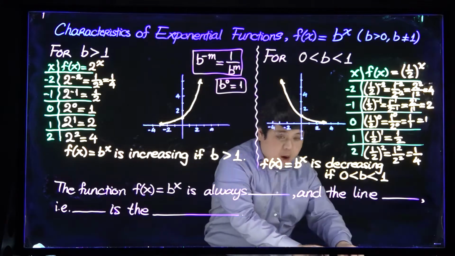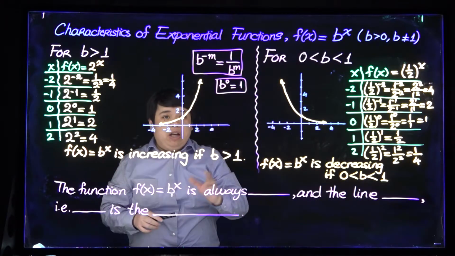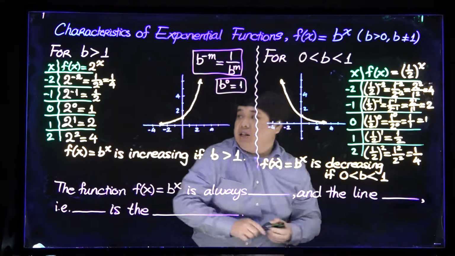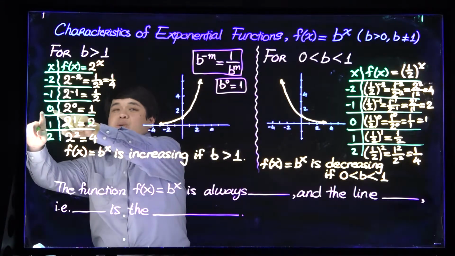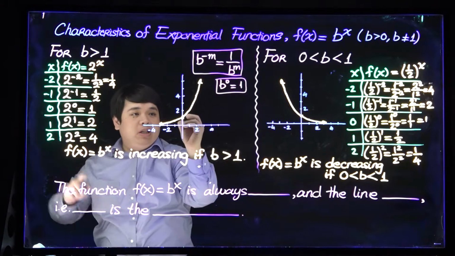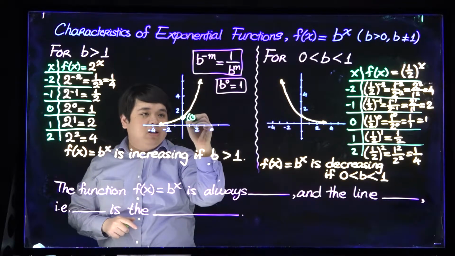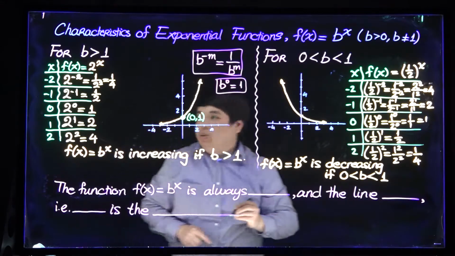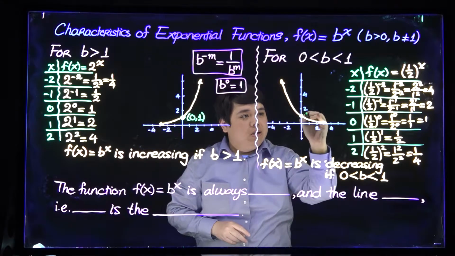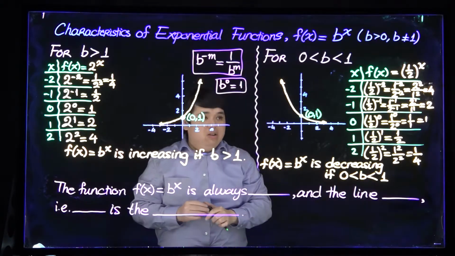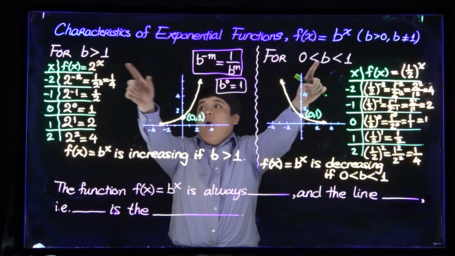Next, the other properties and characteristics of exponential functions. One common thing we see on both of these graphs is that anything raised to the 0 power is 1. So on the graph, we have the point where x equals 0, y equals 1. We have that on both functions, no matter what the base is.